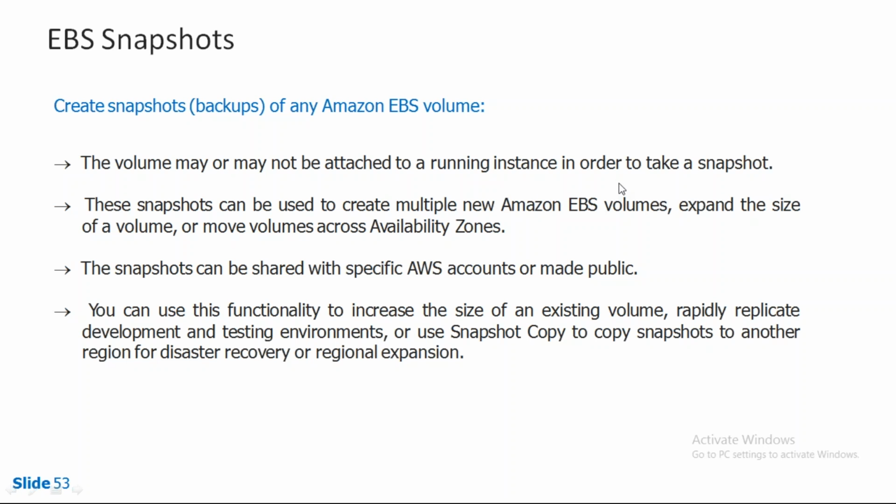Then running instance in order to take snapshot. These snapshots can be used to create multiple new Amazon EBS volumes. That's what we have seen, and can also expand the size of the volume or move volumes across availability zones. The snapshots can be shared with specific AWS accounts, okay, or made public so that people can use that.